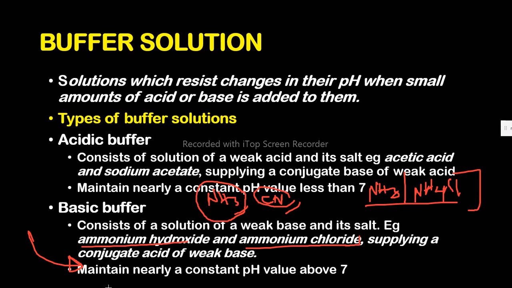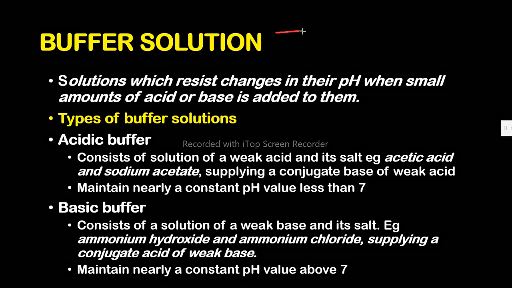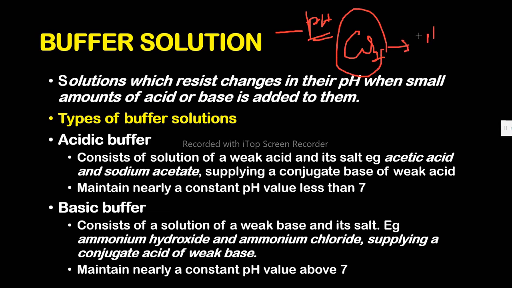And these buffer solutions are important in industries, important in life. For example, think about yourself. You must maintain your internal environment constant, including pH. But usually you produce too much carbon dioxide. So this carbon dioxide would react with water to produce carbonic acid, which would dissociate to give you hydrogen ions that would alter the pH.